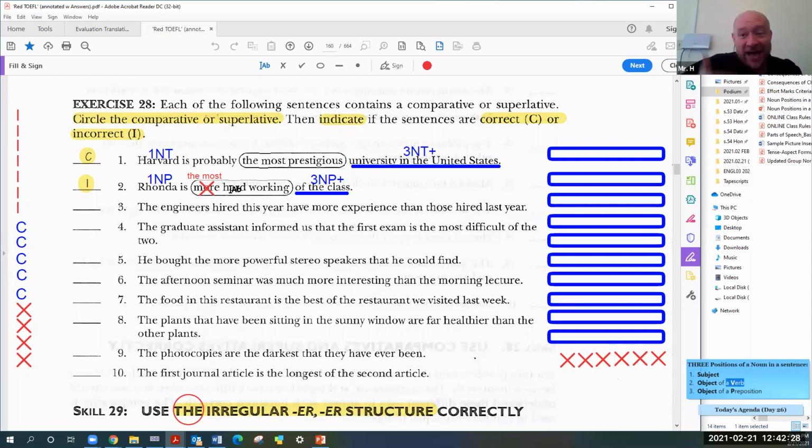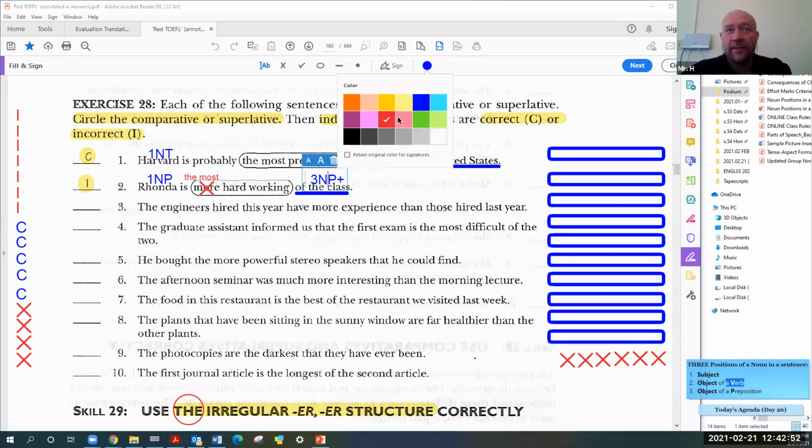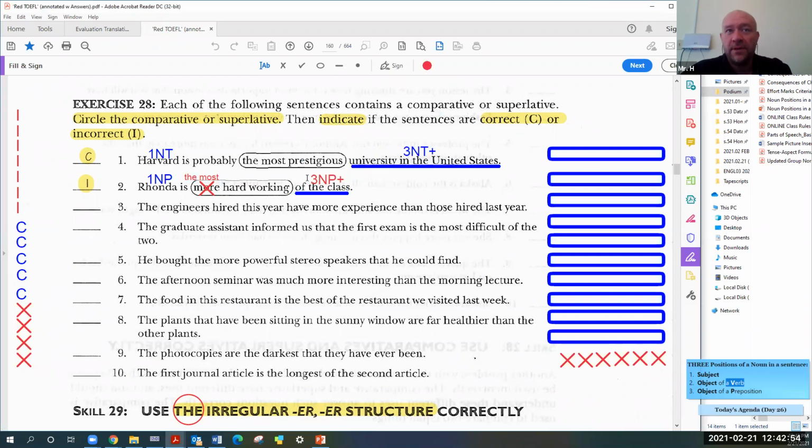So it's actually a long adjective. Do you understand? So we use the formula for the long adjective, but you must use the. Why should we say the? Because there are 3 or more. Do you understand? Yeah.